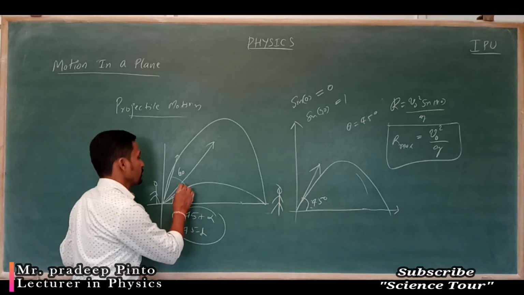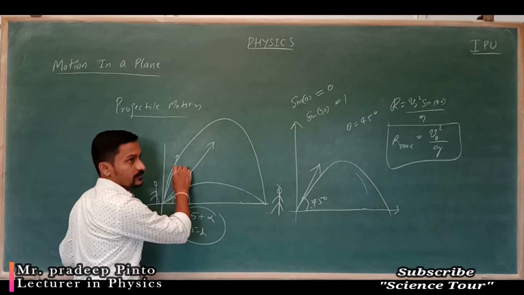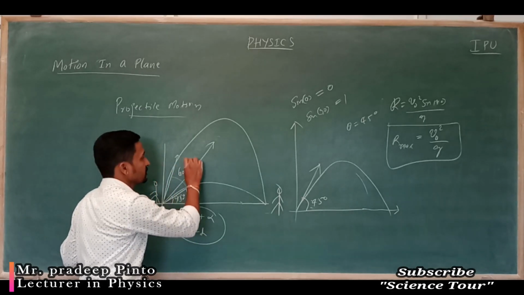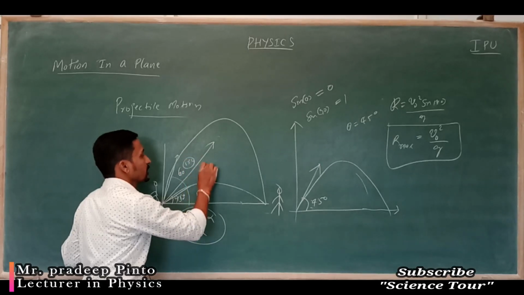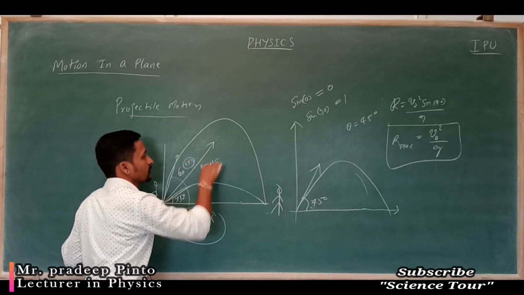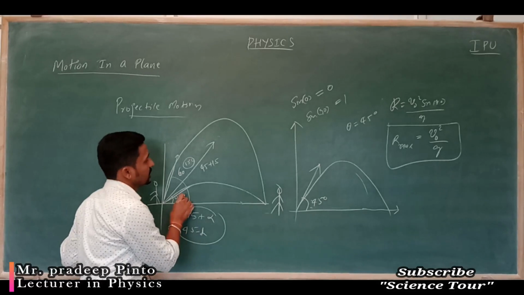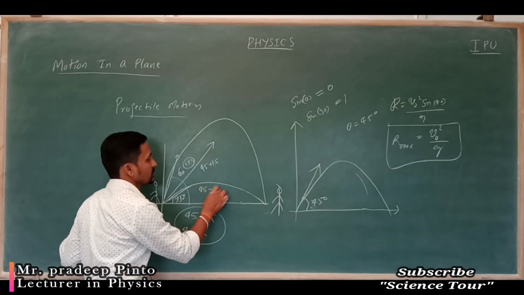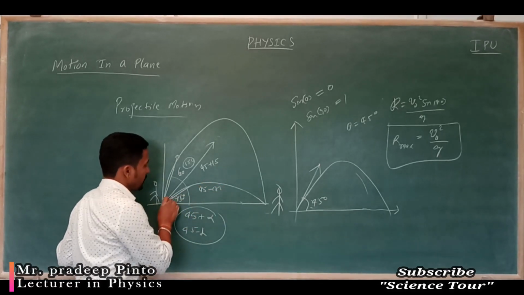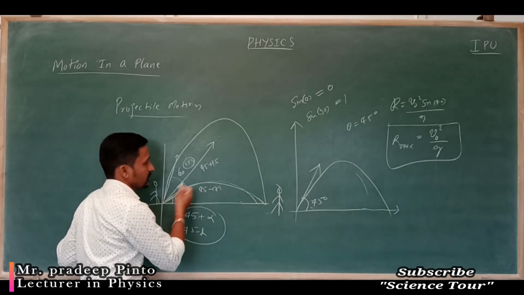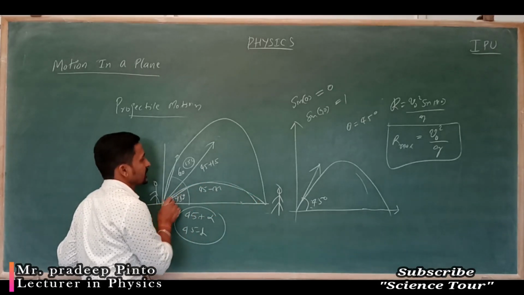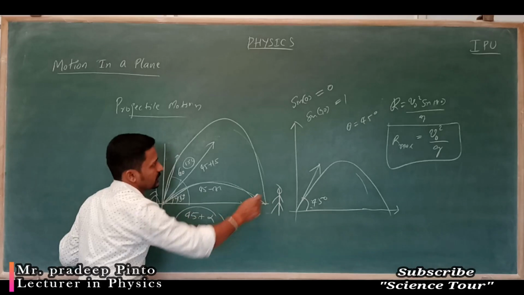Suppose 45 plus alpha, where alpha is 15 degrees, so 45 plus 15, and 30 degrees means 45 minus 15. Your friend reduces the angle by 15 degrees from 45, you increase the angle, and both will have the same range.